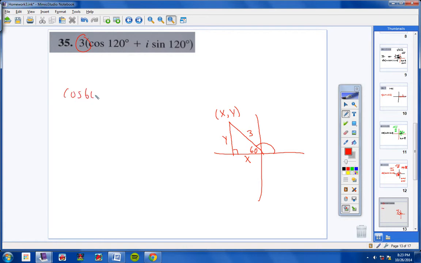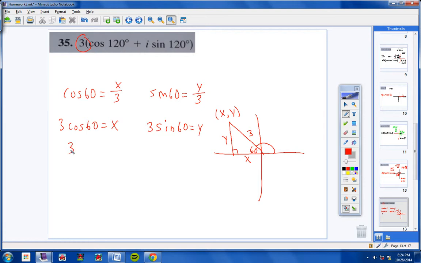Okay, so here we go. Cosine of 60 equals adjacent over hypotenuse. So 3 cosine 60 equals x. Okay, sine of 60 equals opposite over hypotenuse. Multiply both sides by 3. Here we go. Cosine of 60 is 1/2.